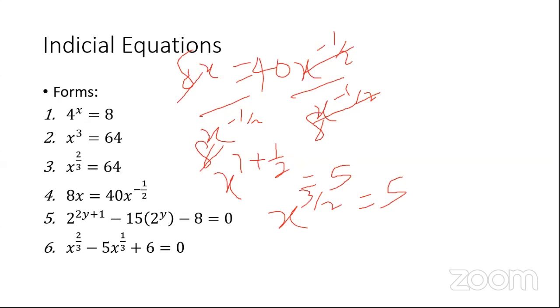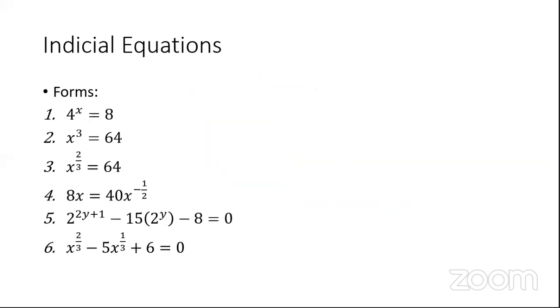So in that case, what we are going to do is represent 2 raised to power y by something, so that we can say we have 2 raised to power 2y times 2 raised to power 1.